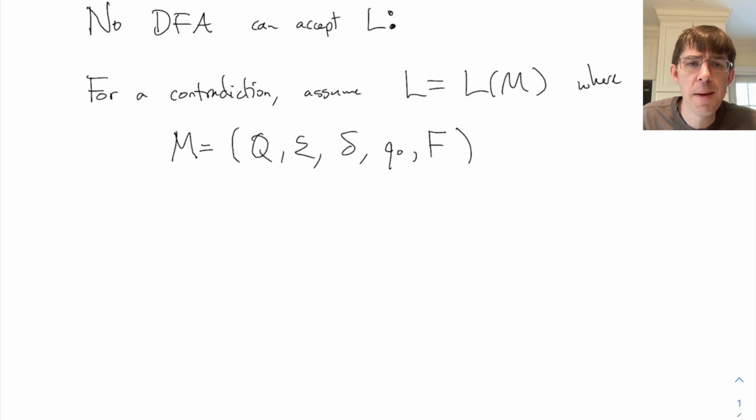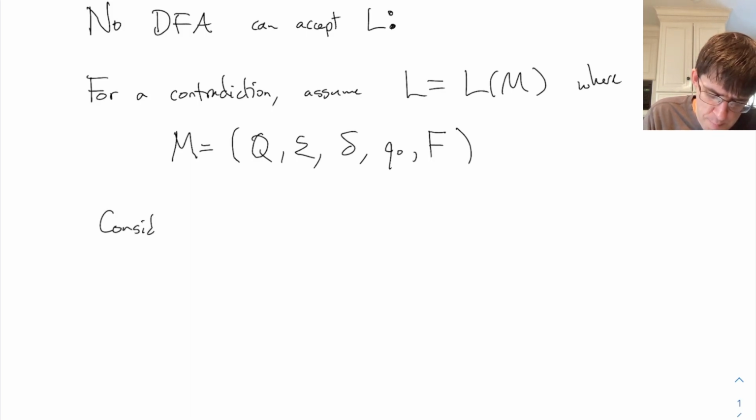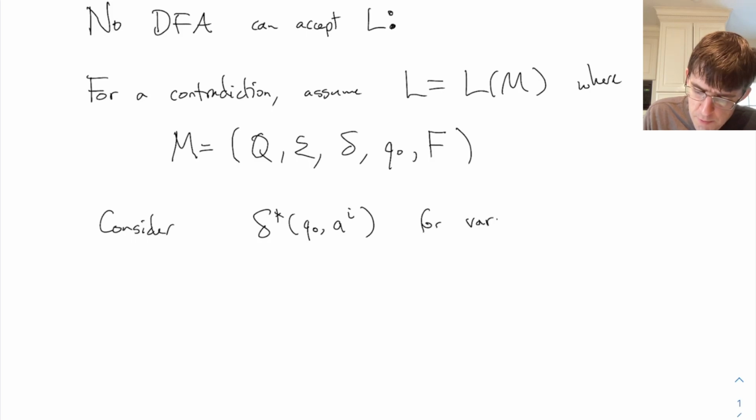You have to imagine any possible DFA and then somehow find a contradiction. For this particular language, I would like to consider delta star of Q0 and A to the I for various I.